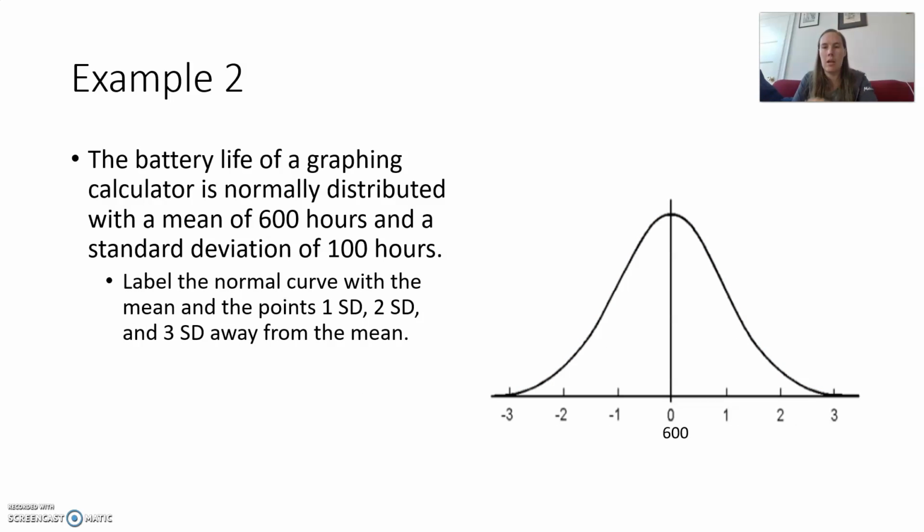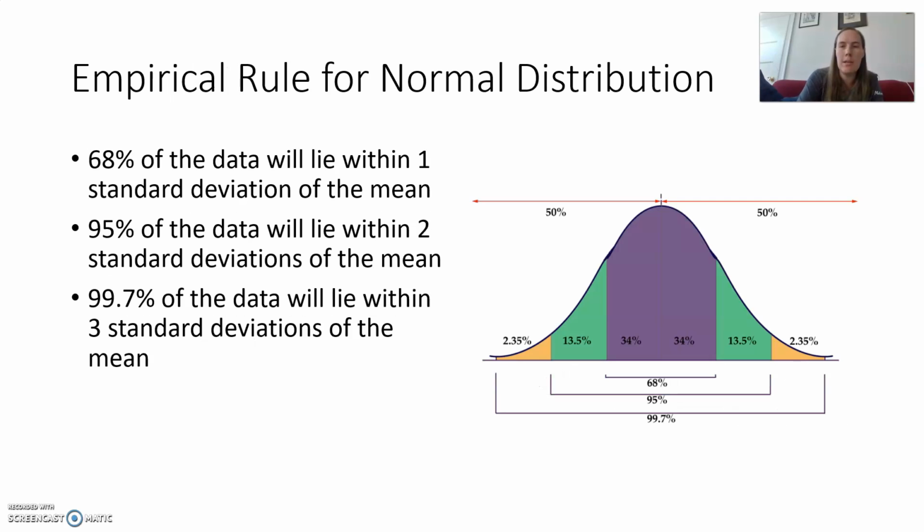Between -2 and 2, you put your 13.5, your 34, 34, 13.5. You can literally just use this chart, and then remember there's 0.15s at the end, and all you have to do to this chart would be to add your mean and your standard deviations. The percentages never change. All that changes is your means and your standard deviations.